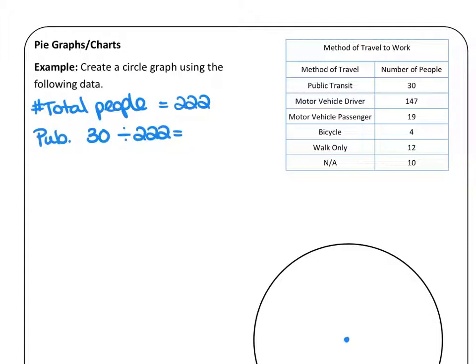So in this case, it's 0.135. And then what you're going to do is multiply that by 360, because that's how many degrees are in the entire circle. So because we want to find out how big the slice of pie needs to be. So in this case, it's about 47 degrees.